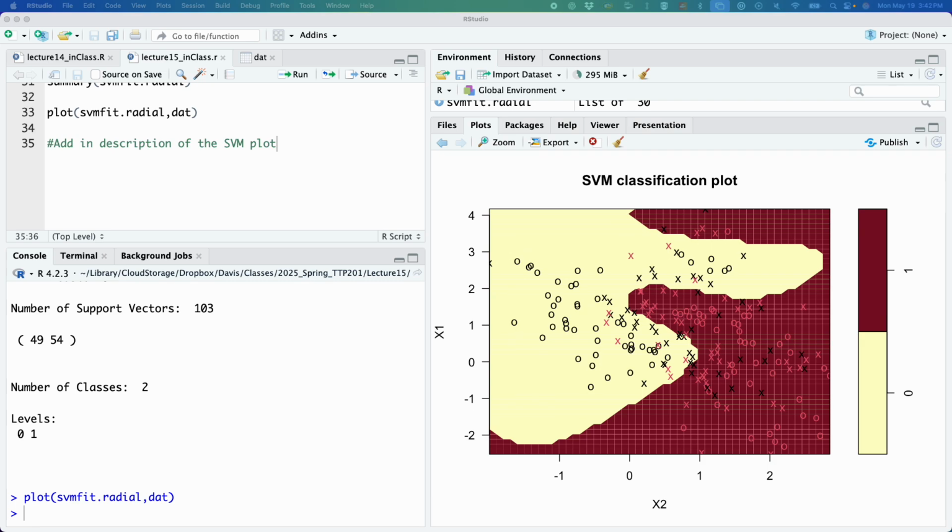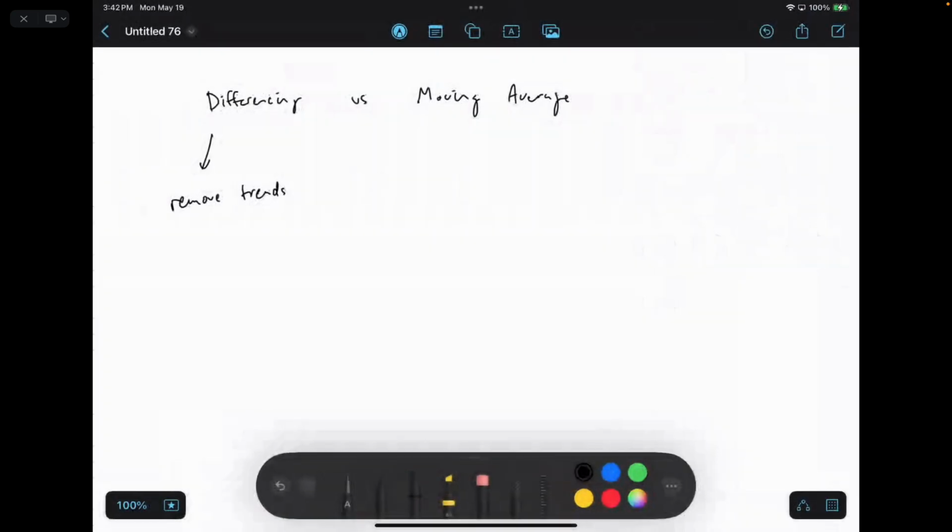So you've got one way that tries to remove trends. Okay, here we go.